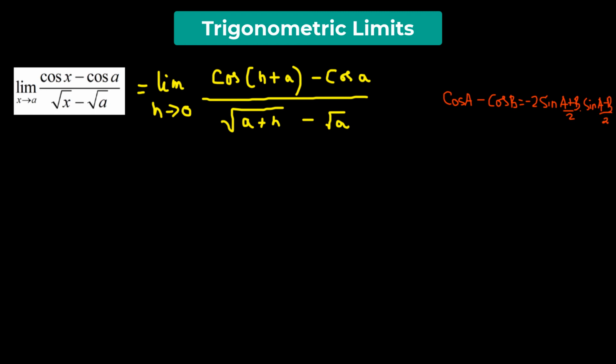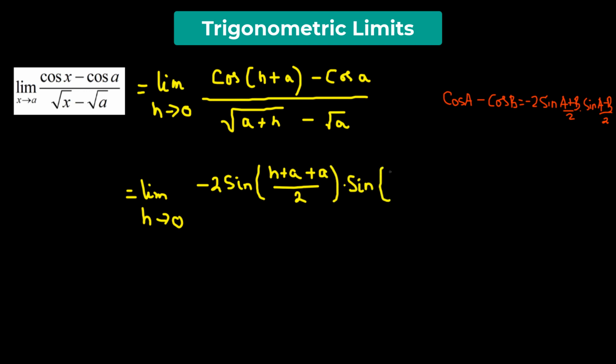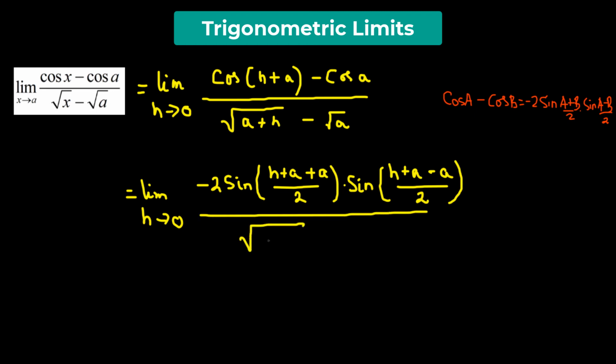So let's use it, and this is going to give us limit h approaching 0, negative 2 times sine of h plus a divided by 2 times sine of h plus a minus a divided by 2, divided by square root of a plus h minus the square root of a.